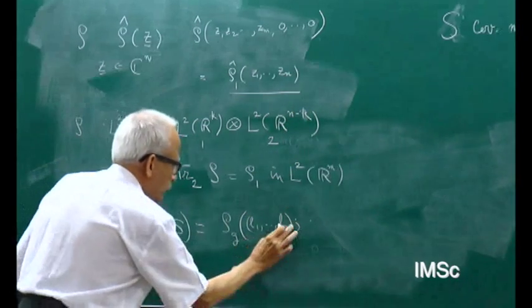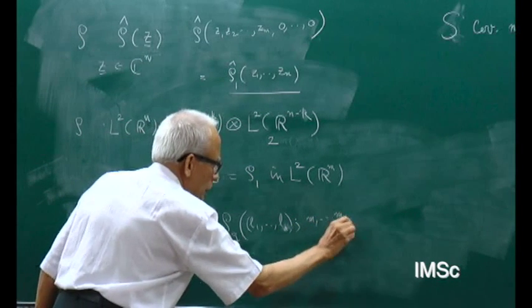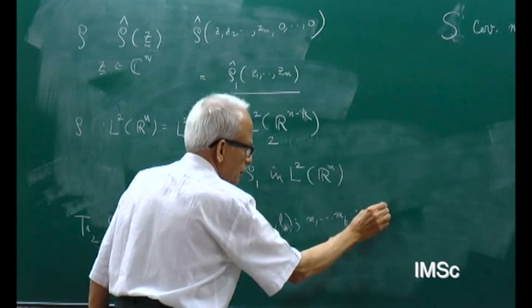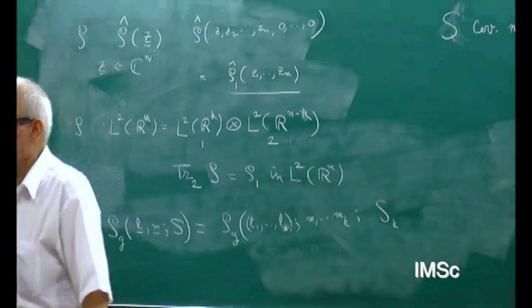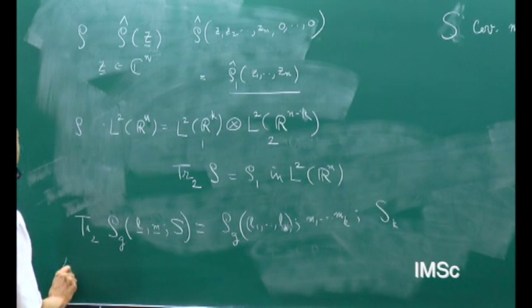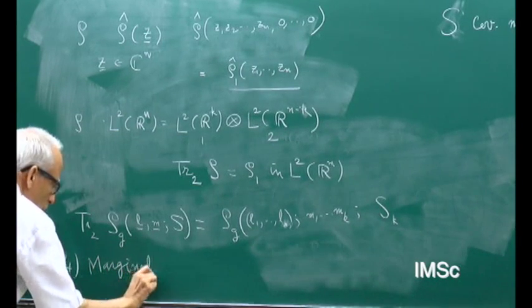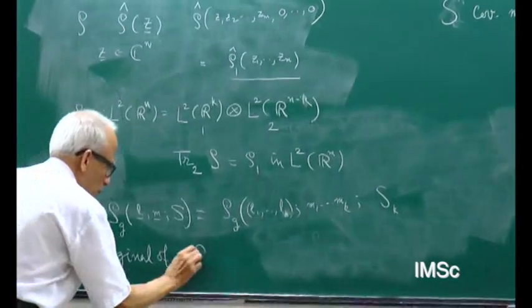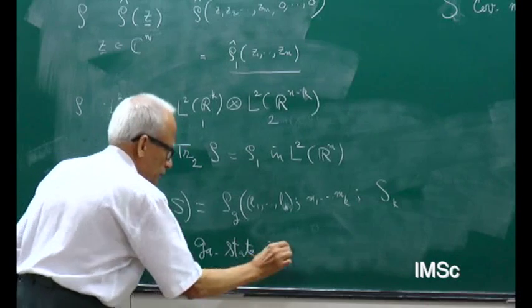Then this is L1, L2, etc. Lk, m1, m2, etc. mk, and then the matrix is cut off. You cut off the P1, P2, etc. Pk and Q1, Q2, etc. Qk. So that shows the marginal of a Gaussian. That is the fourth important property: the marginal of a Gaussian state is again Gaussian.